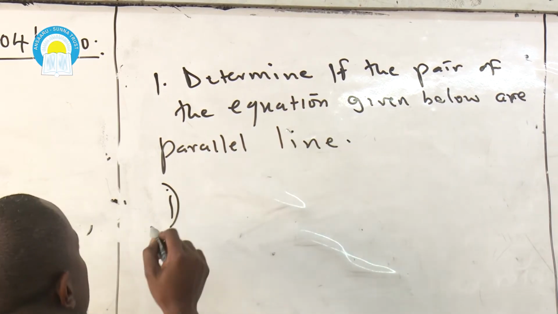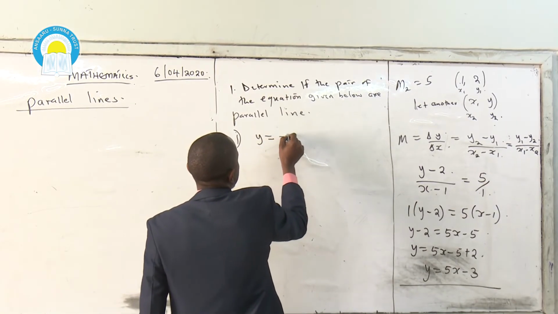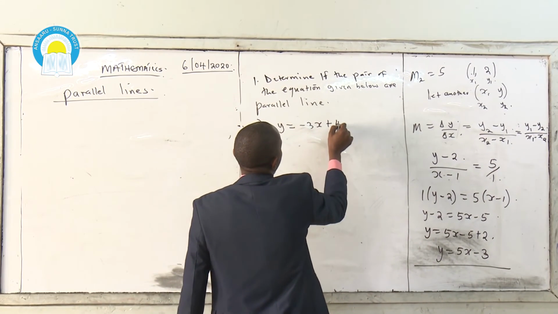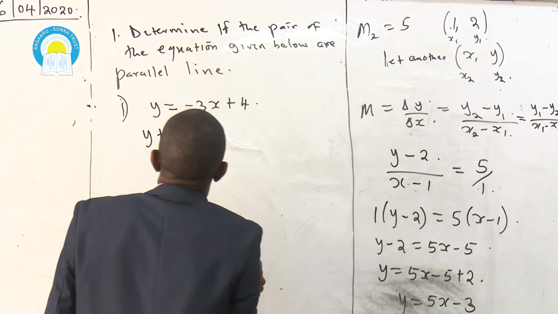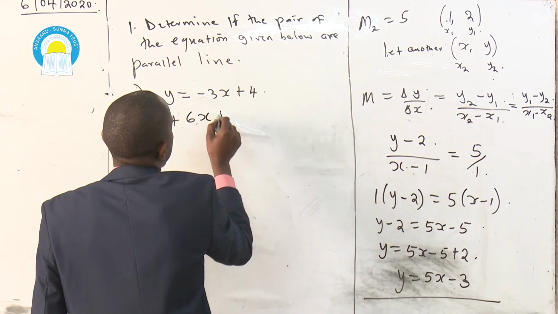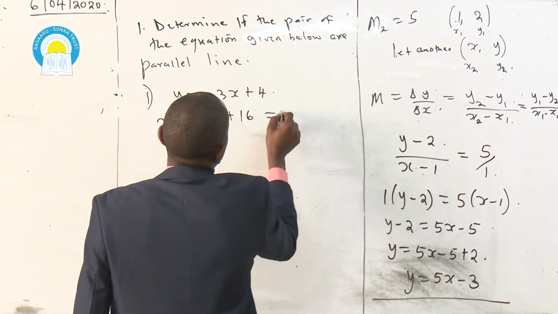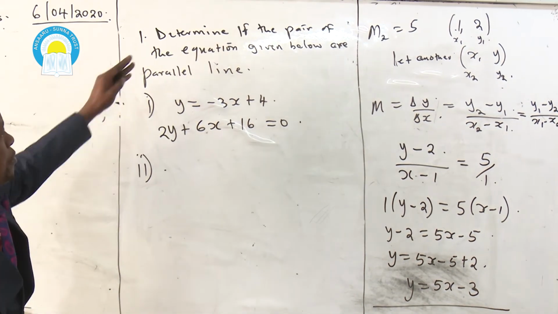Roman 1, we have y is equal to negative 3x plus 4 and 2y plus 6x minus 16 is equal to 0. Roman 2, because this is your assignment.